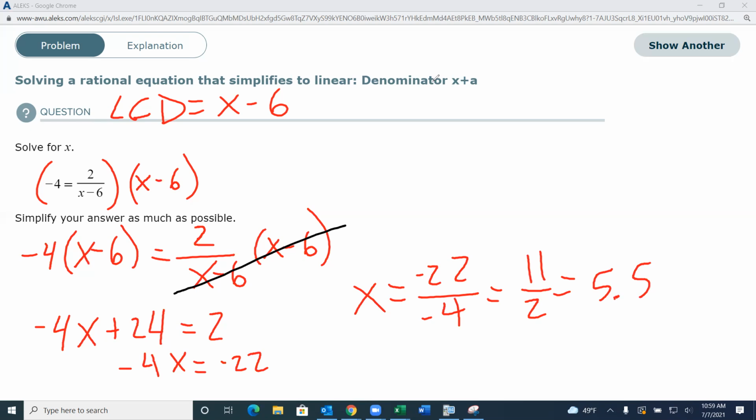And of course, you check it on your calculator. Plug in the left side. Oh, wait, let me change colors so you can see better. Plug in the left side for y1, the right side for y2. Go to the table. See if they match when x is 5.5, or just go to the graph and find the intersection point. But that is how it's done.